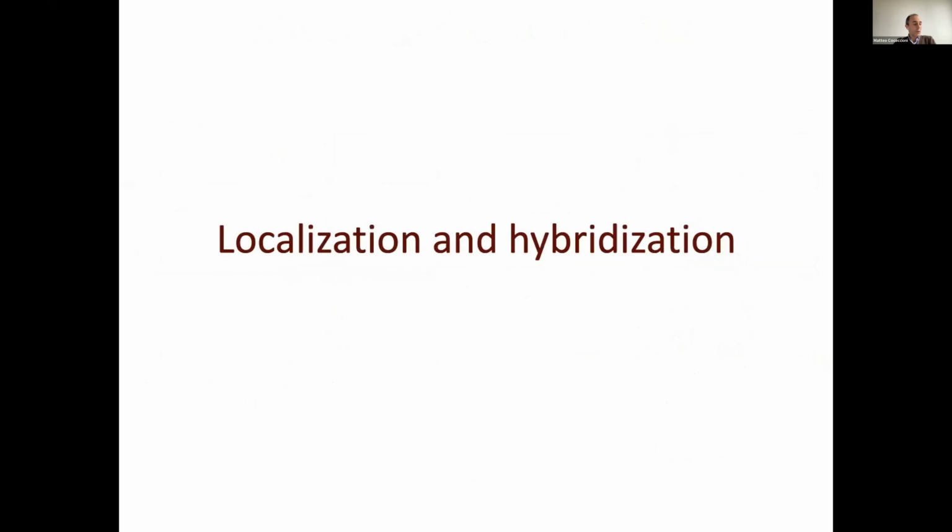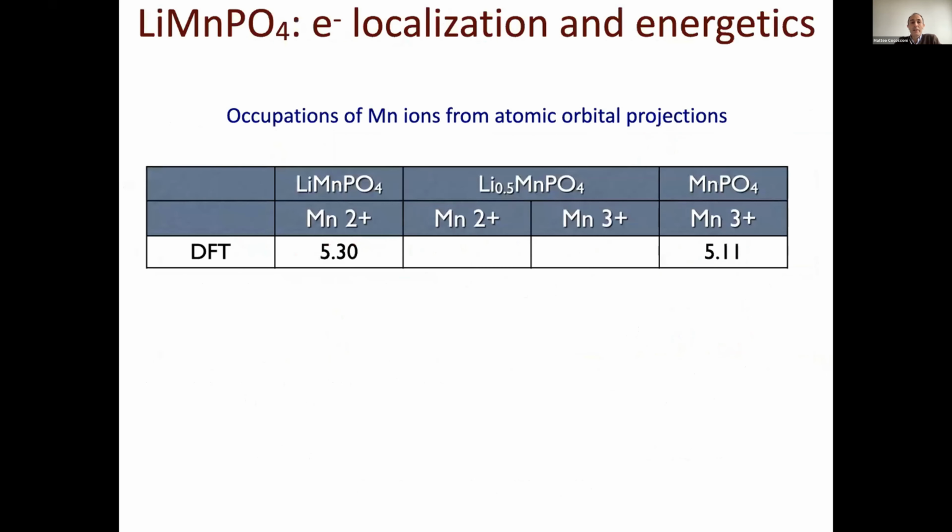Let me go on now in discussing the localization of electrons in cases where you get significant hybridization. So this will take us to a material, this can be done basically discussing a material, still a lithium-ion battery cathode material that's in the same family as the cobalt one we have discussed so far, but that's based on manganese, okay?